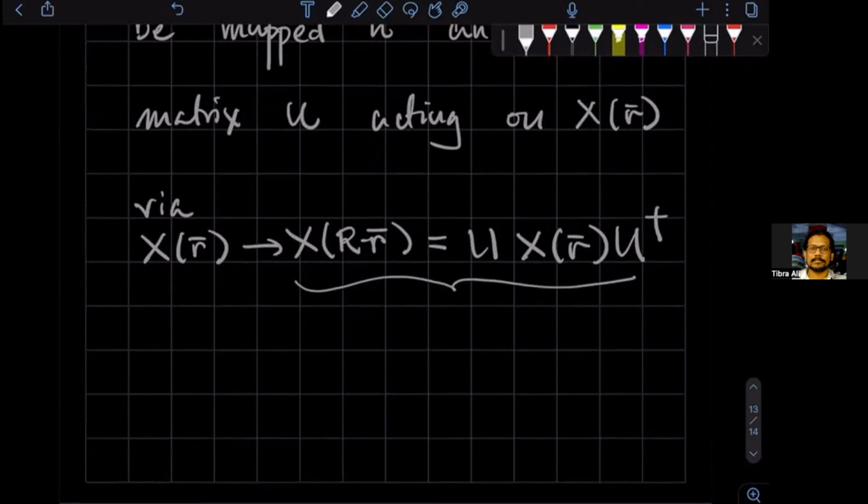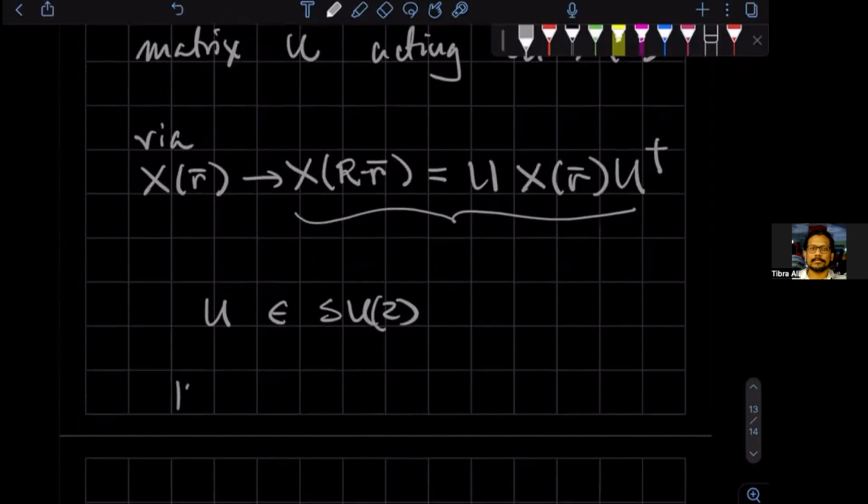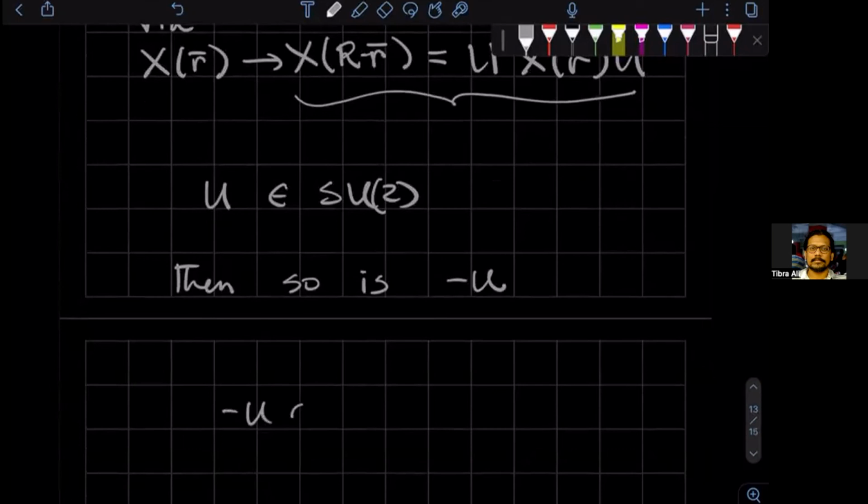Okay, so if U is in SU2, then so is minus U, right? So minus U is also in SU2.